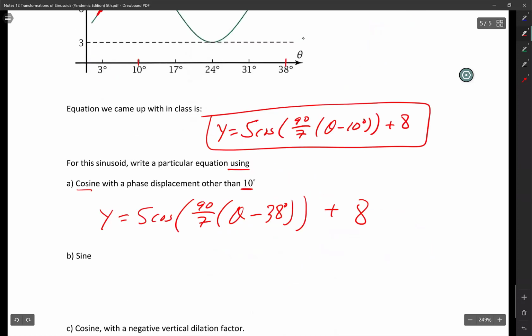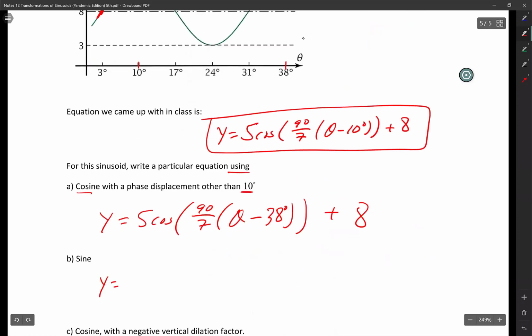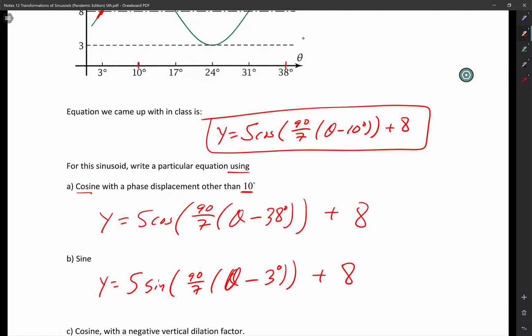So that's the one I'm going to use. Y equals, everything is exactly the same. The only difference, instead of cosine and instead of 38, I'm going to use sine, and I'm going to use 3. 5 sine 90 over 7 theta minus 3 degrees, close, close, plus 8. Does everyone understand where we got the minus 3 degrees from?